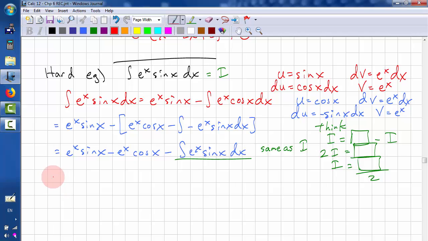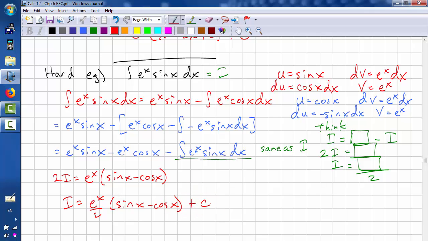So now we have 2I equals e to the x, and I'm going to factor e to the x out, sine x minus cos x. So I equals e to the x over 2 times sine x minus cos x, plus c.